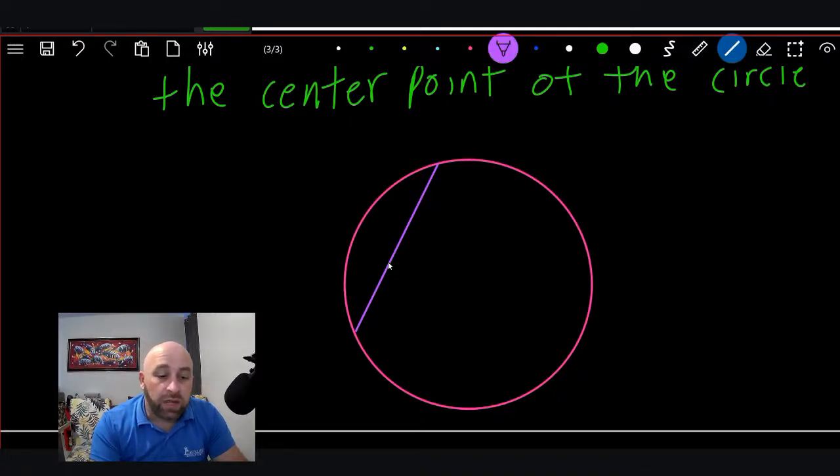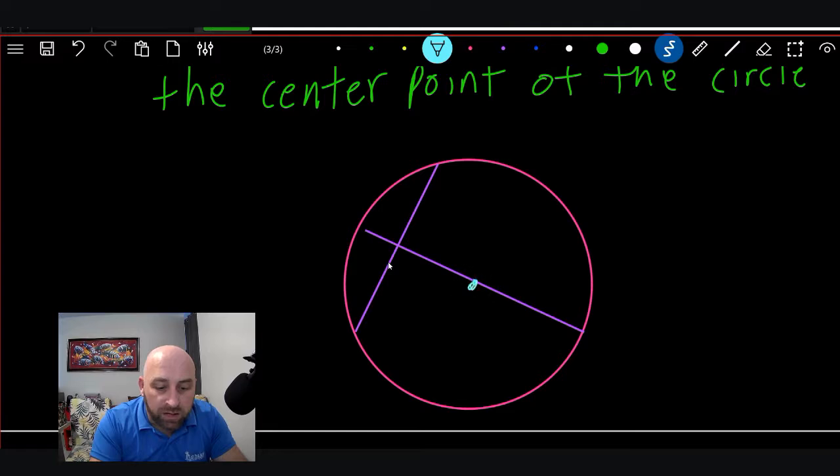If we bisect this with a perpendicular, remember, we'd have to construct this. I'm not constructing it right here. But if I were to construct it, and we got it perfect, an exact right angle, an exact perpendicular, then it will pass through the center point.